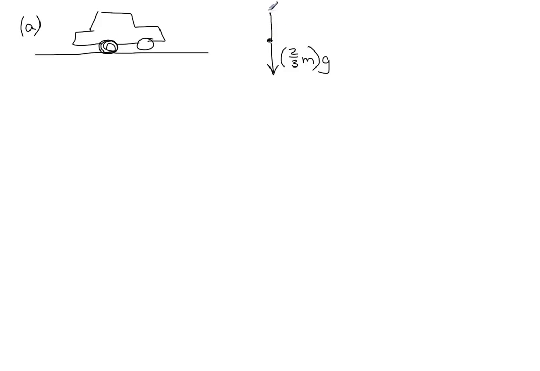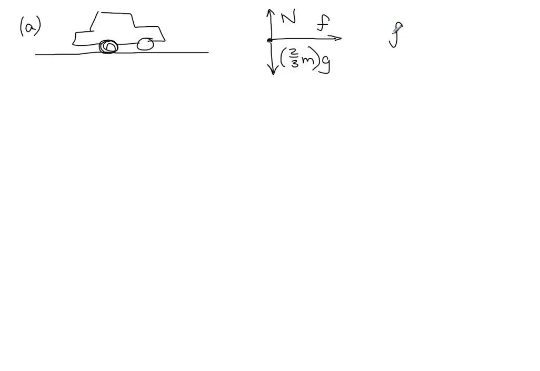Then we have the normal force from the road pushing up, and we have the friction from the road, which is actually pointed forward because the wheels are pushing backwards. So that's what's happening there.